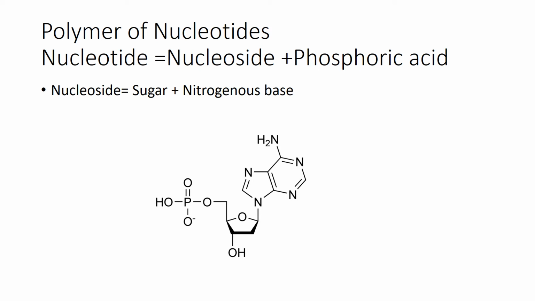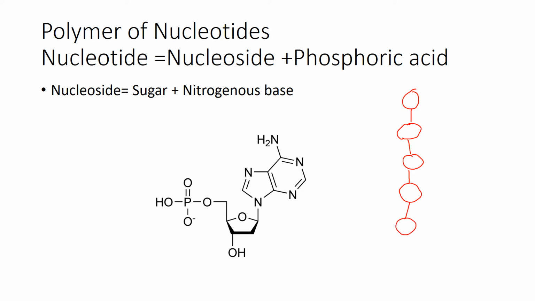The model first proposed that DNA is actually a polymer, okay, and it is a polymer of nucleotides. So say, for example, that the circles which are shown are the nucleotides, right, and the lines which are drawn are the bonds which are connecting the nucleotides.